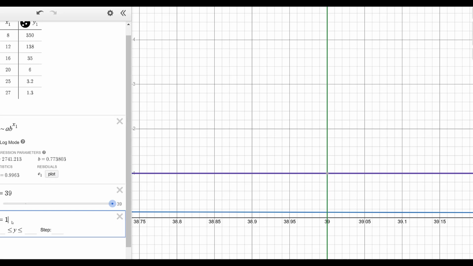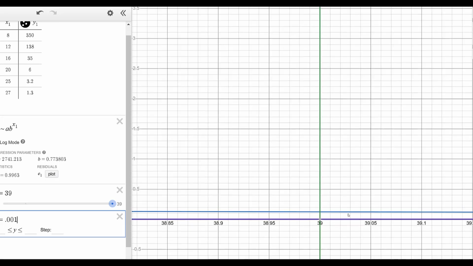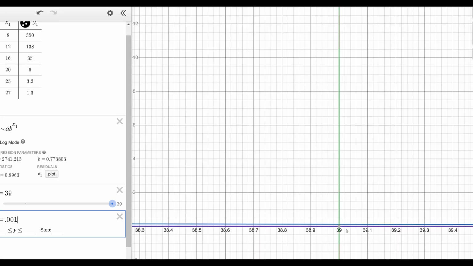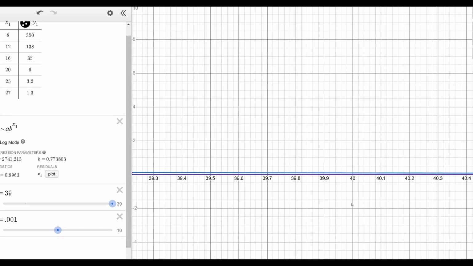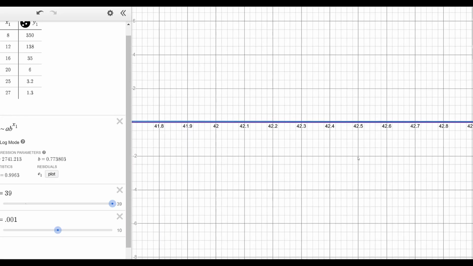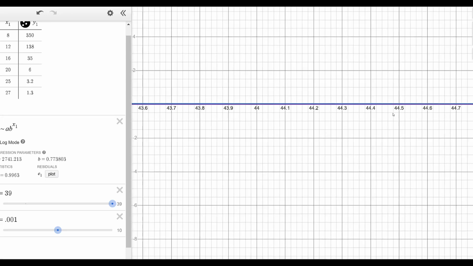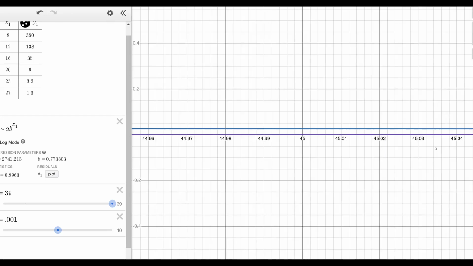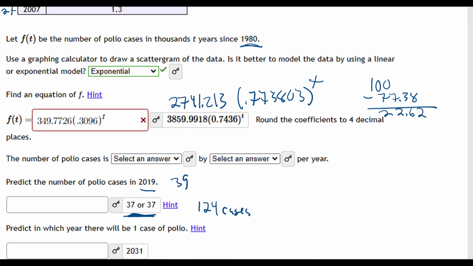Oh, it's going to be not 1. It's going to be 0.001. I'm going to be way out here. Might be easier to calculate this by hand. Yeah, I think we're just happier to calculate this by hand.